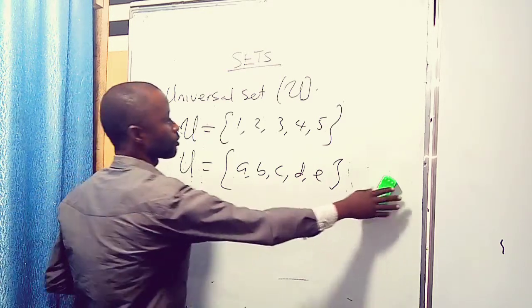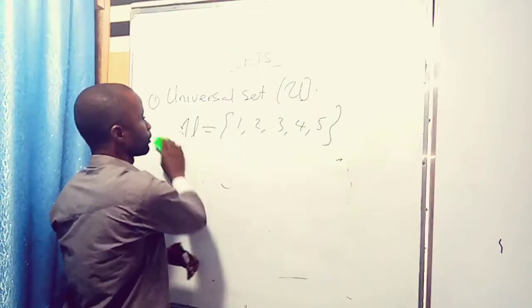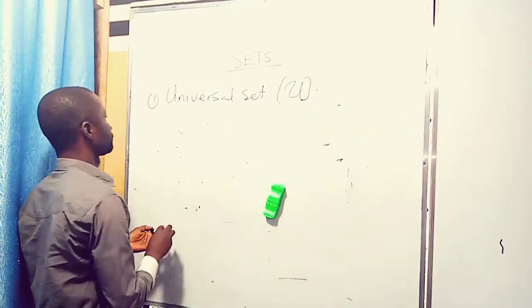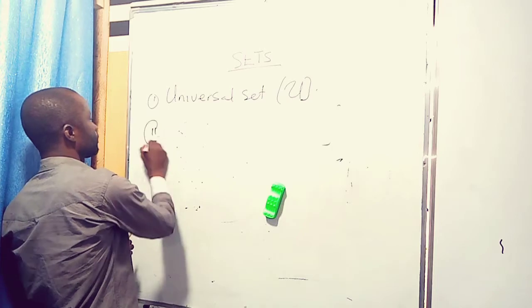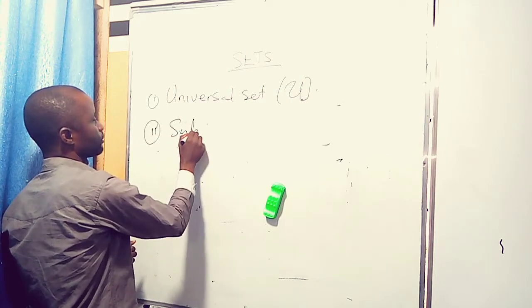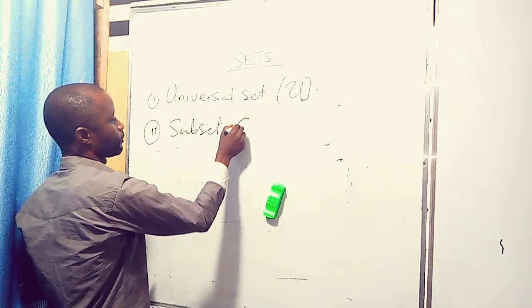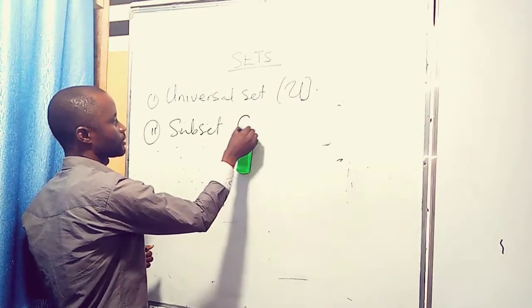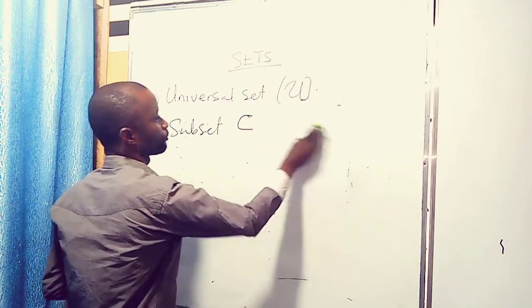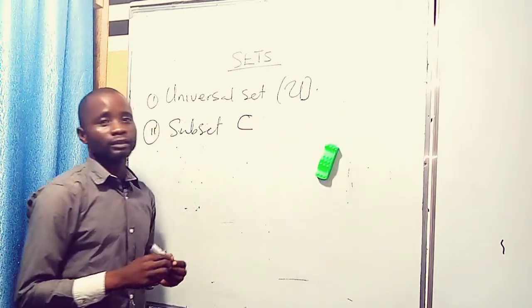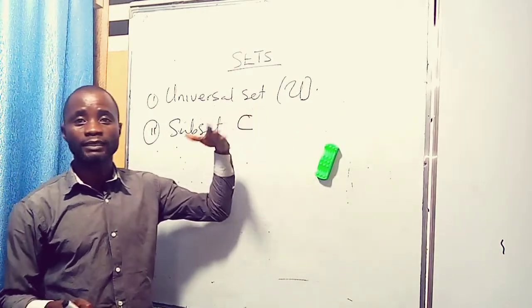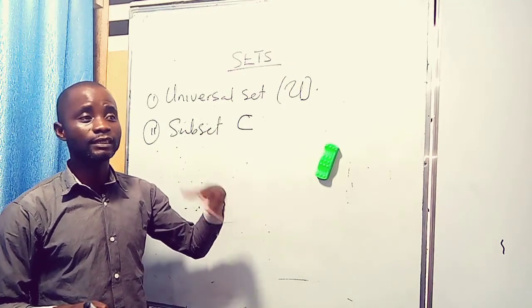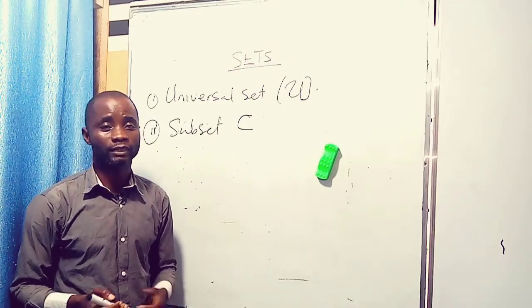And then we also have what we call subsets. The second one is subsets, with this symbol. This symbol represents subsets. It simply means the part of the elements that are present in the universal set.